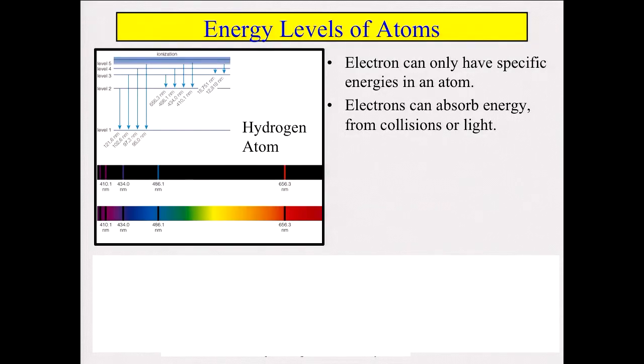But the point that I'm emphasizing here is electrons can absorb energy from either collisions or from a photon. And then that energy excites the electron to its higher energy level from there to there. And now that electron excited at a higher energy has the preference, of course, to drop down to a lower energy level.